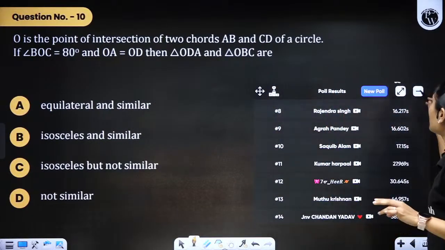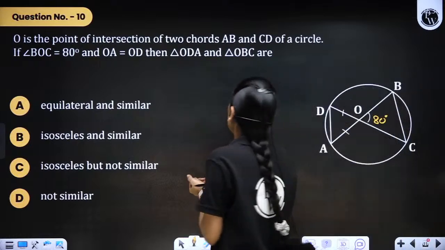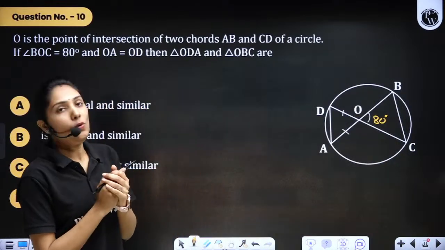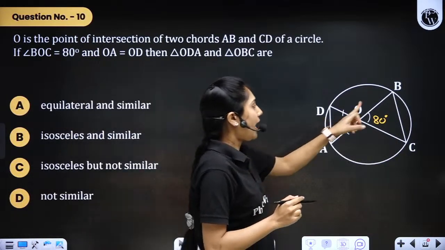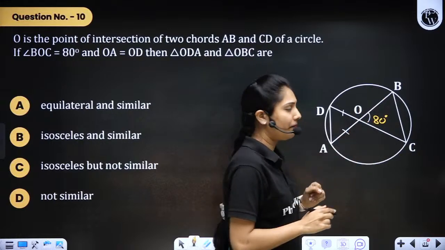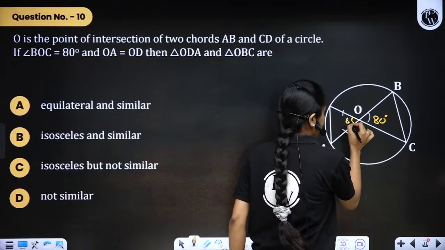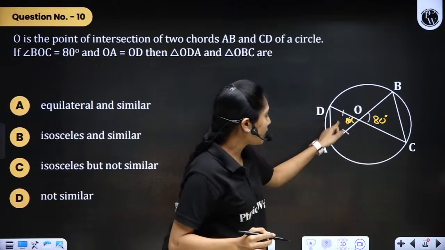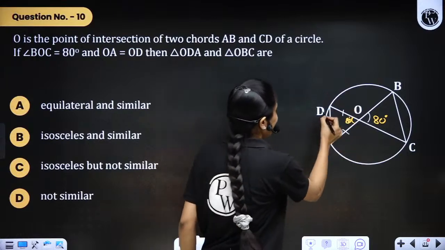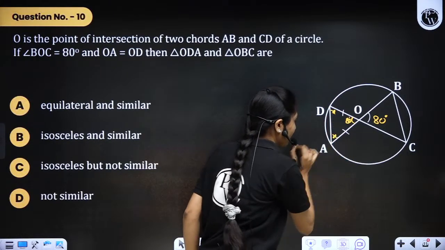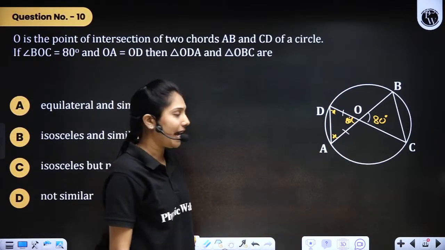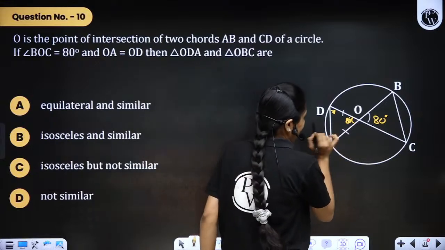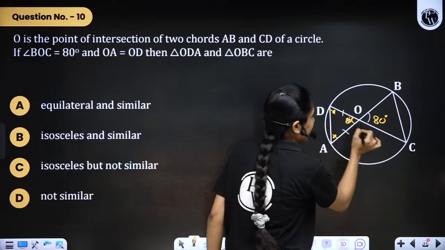Very good, beta. So what it says, OA is equal to OD. Now, if angle BOC is 80 degrees, then this angle should be 80 degrees. And since these two sides are equal, these angles are also equal. If we want to calculate the angles, let's say I am talking about angle ADC.